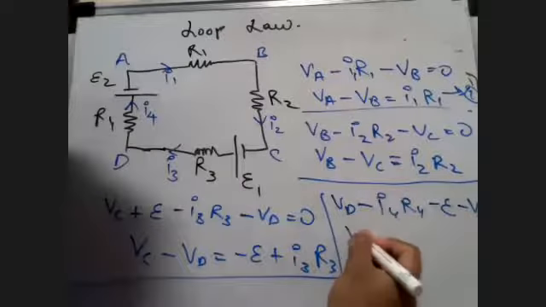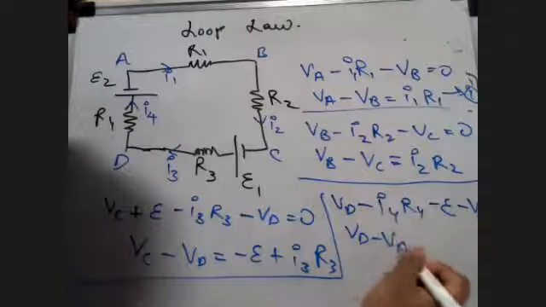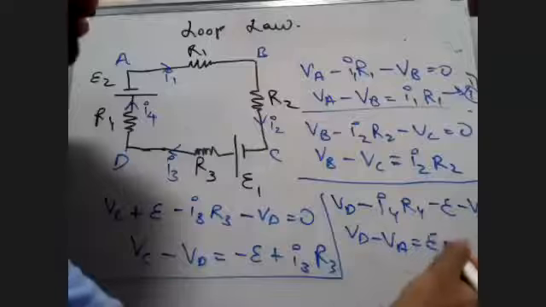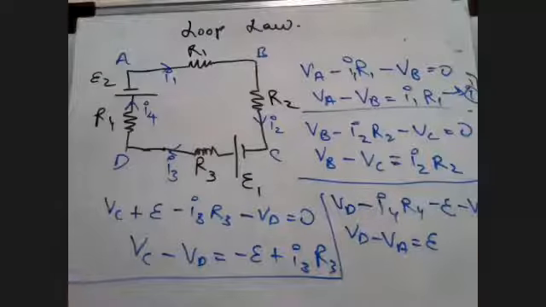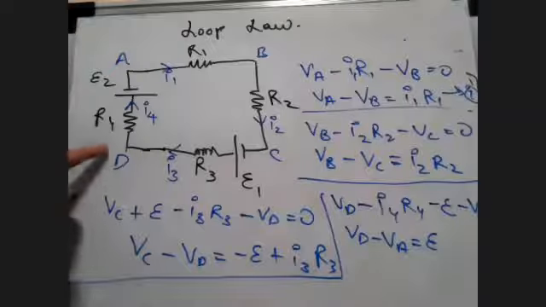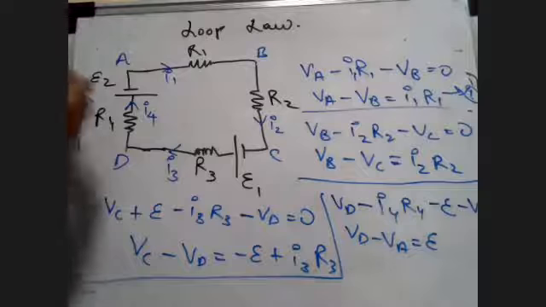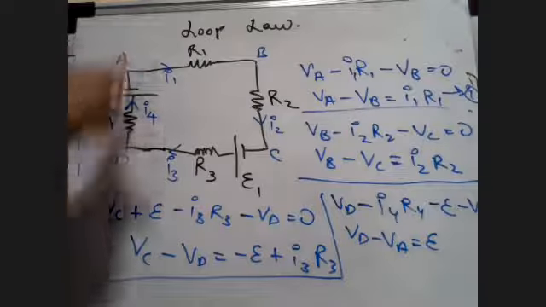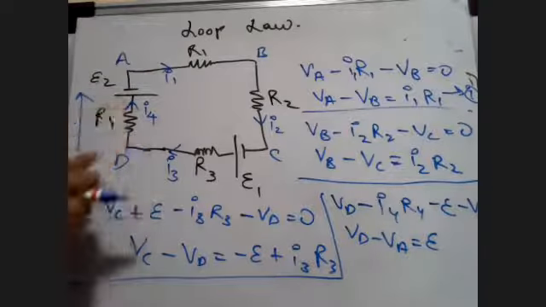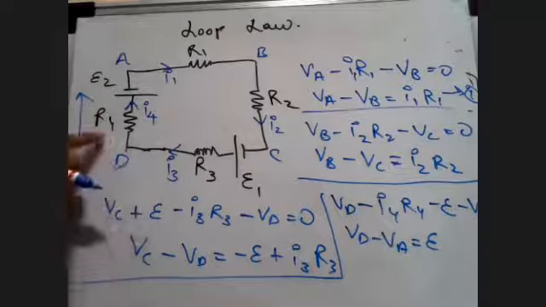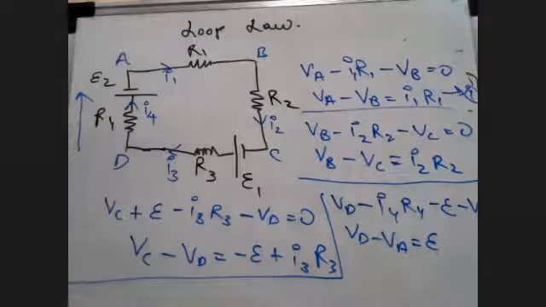So VD minus VA will be plus I4 R4? Why will it be plus I4 R4? No, sir. I am going in the direction of the current, I am going from D to A, so I will take the negative of it.